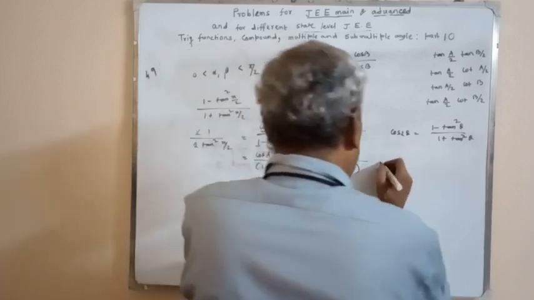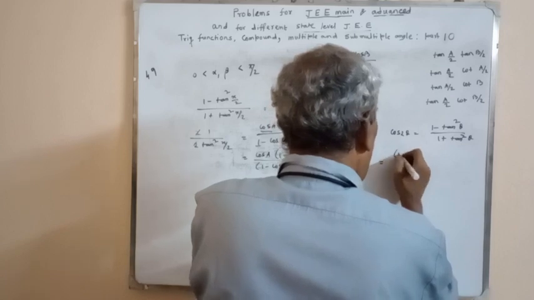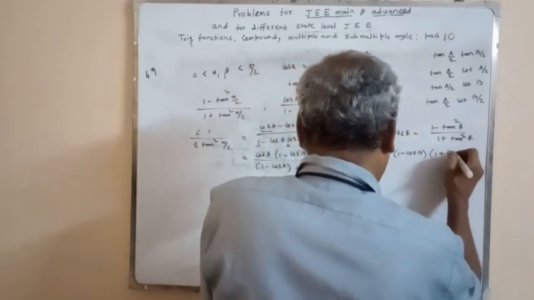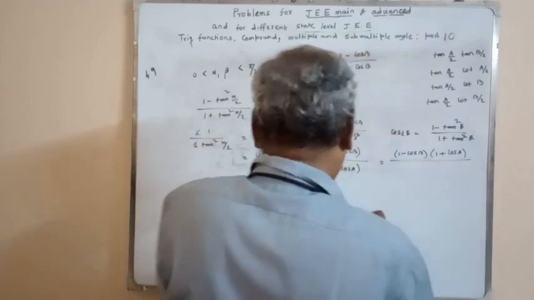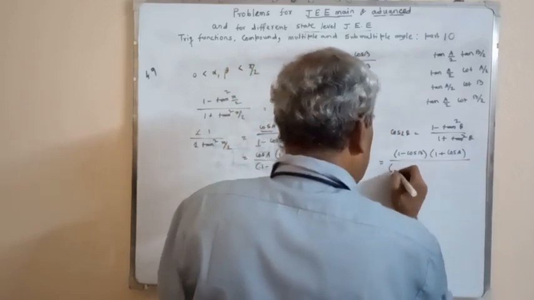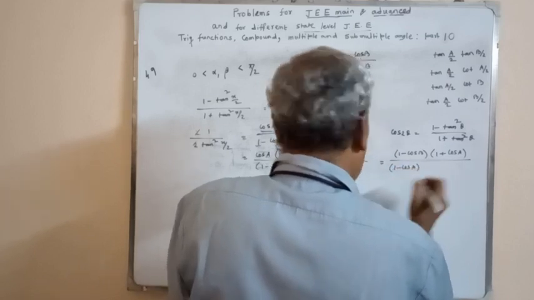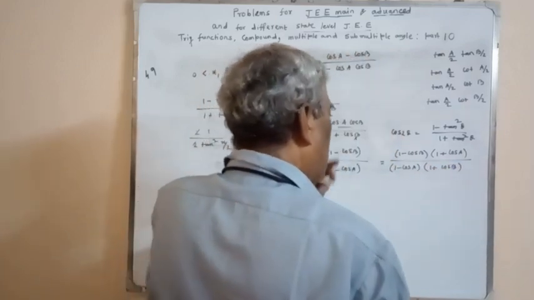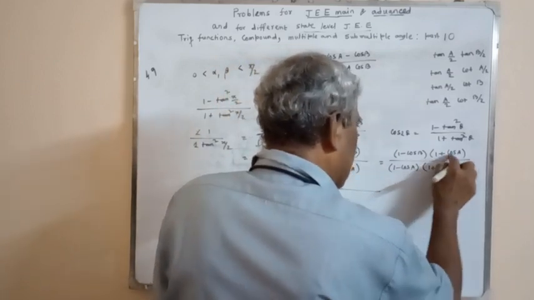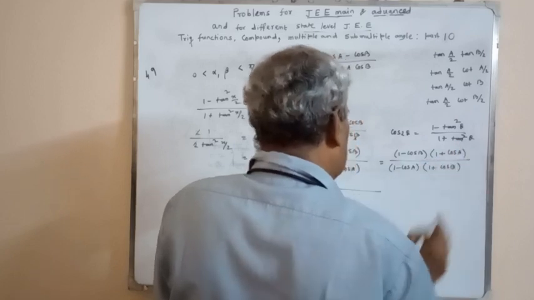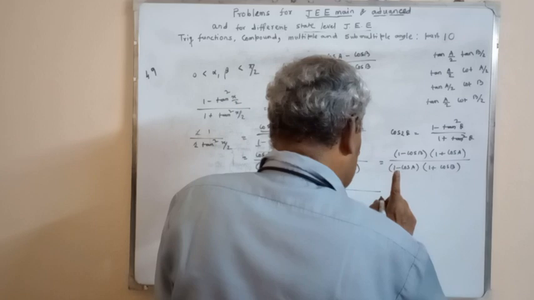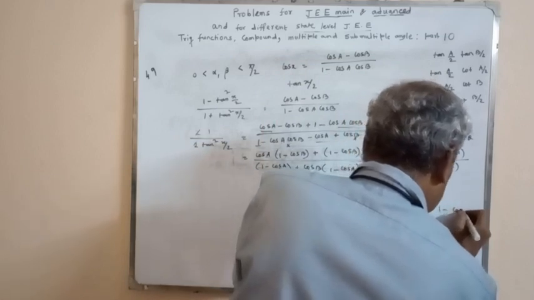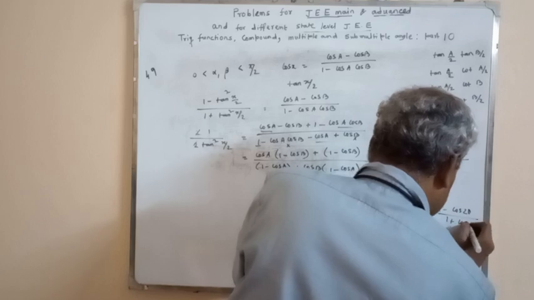So that it is equal to 1 minus cos B into 1 plus cos A by 1 minus cos A into 1 plus cos B. Now this by that, 1 minus cos A by 1 plus cos A, is of the type 1 minus cos 2 theta by 1 plus cos 2 theta.